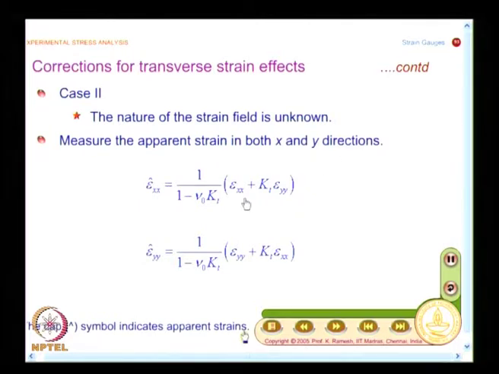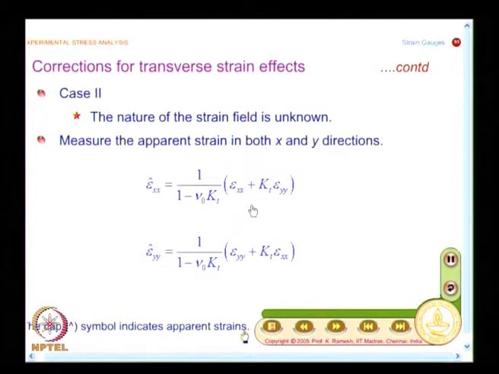And we have already indicated, if I put a cap, it is called the apparent strain, which is seen in the strain meter. So, epsilon x x cap equal to 1 by 1 minus nu naught k t into epsilon x x plus k t into epsilon y y, and you have epsilon y y cap equal to 1 by 1 minus nu naught k t epsilon y y plus k t epsilon x x.